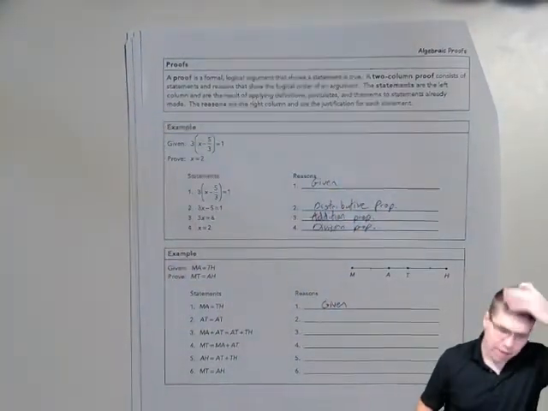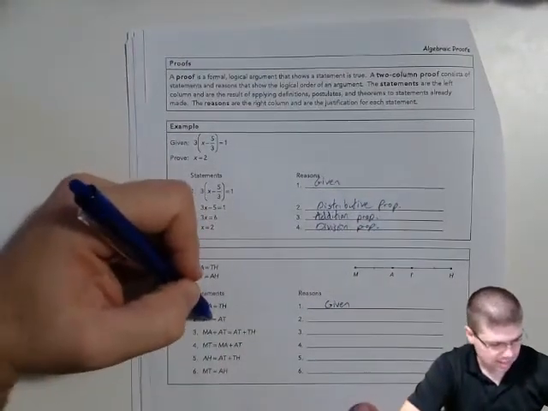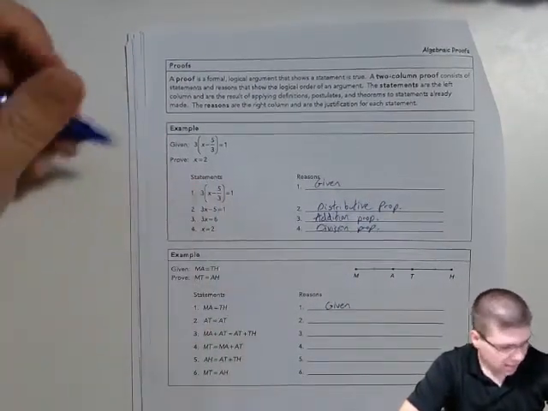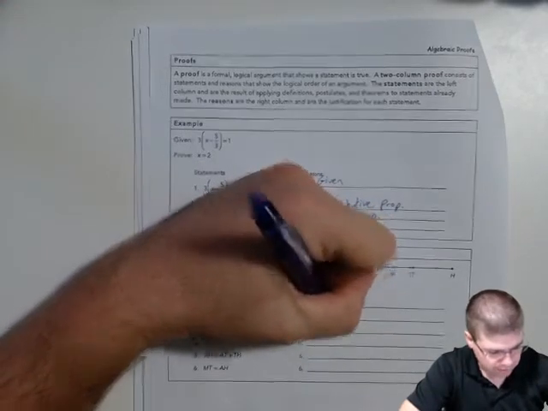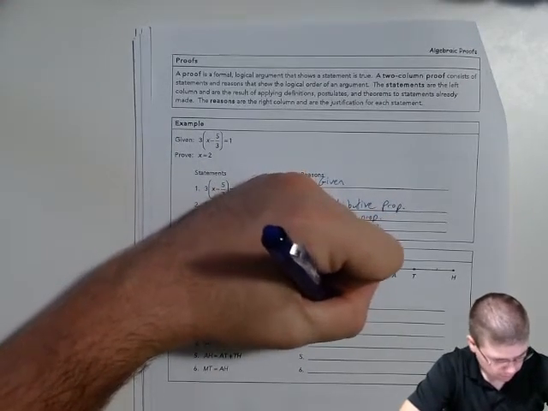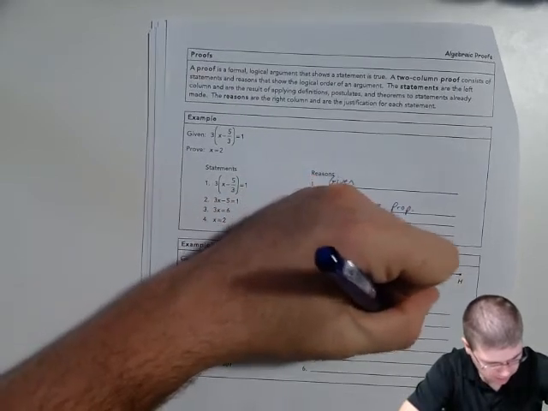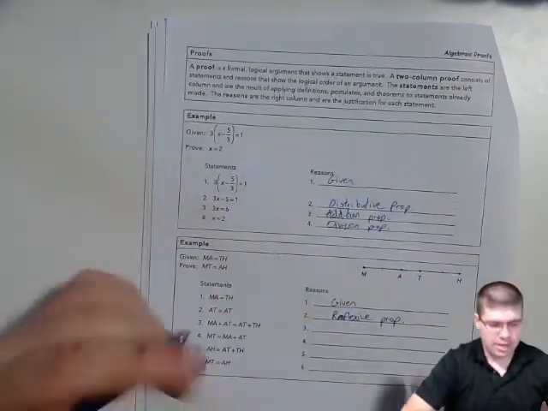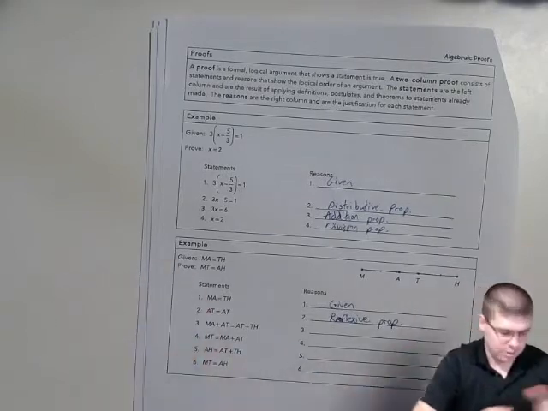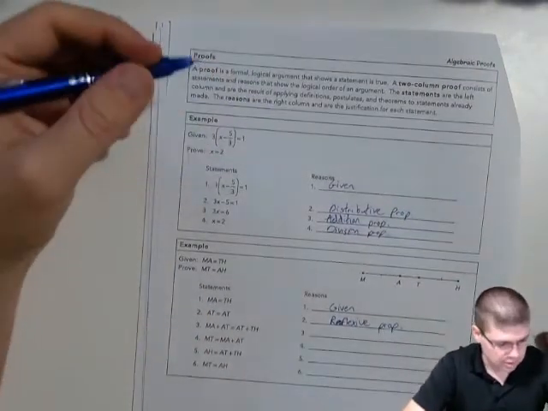All right, and then after that, we have AT is congruent to AT. So that is the reflexive property. There it is being used. The segment is congruent to itself. They're saying that the distance is equal to itself.